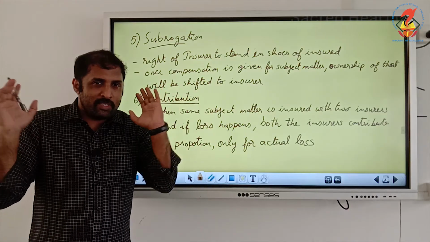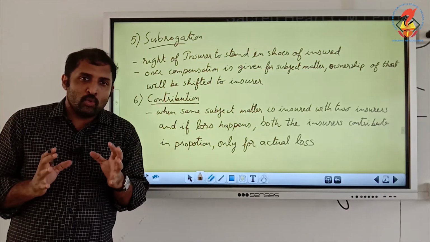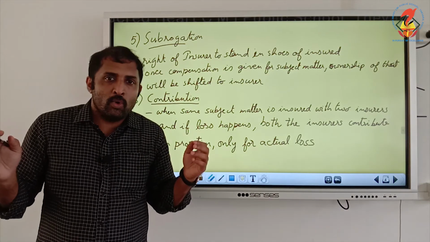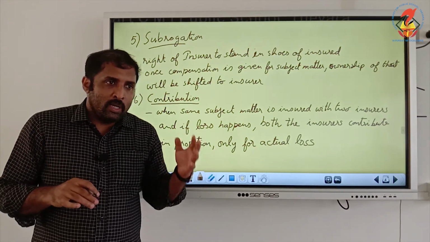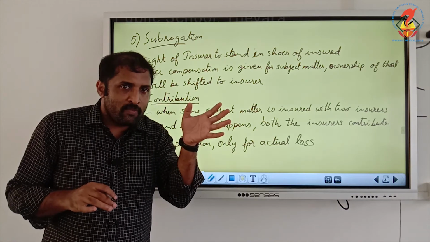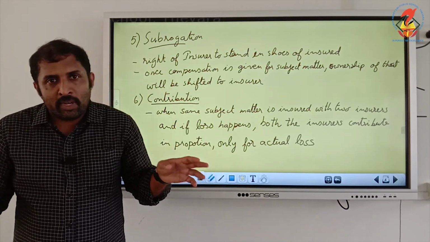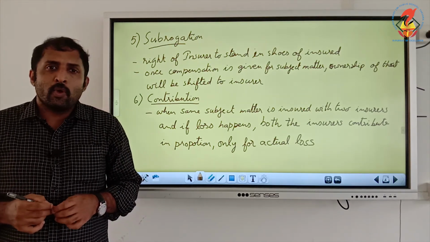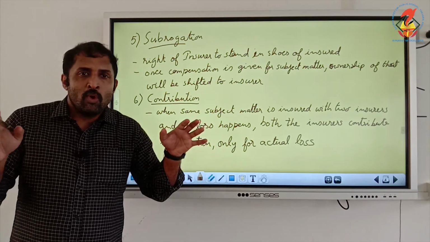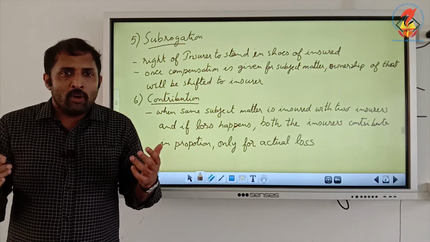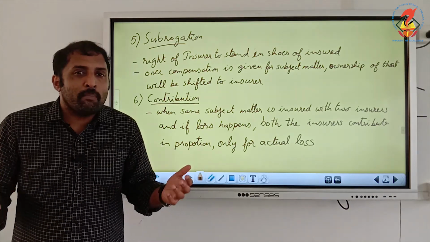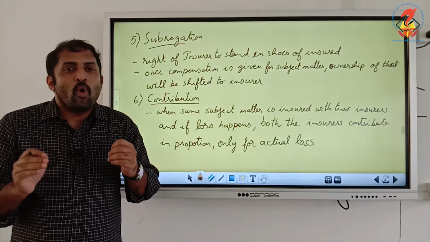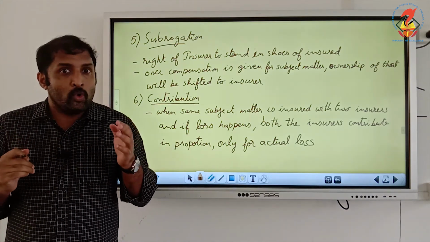It means when the same subject matter is insured with two different companies, say a subject matter is worth 1 crore. It is insured with one company for 75 lakh and another company for 75 lakh, and if a loss happens to that subject matter, you cannot expect both the companies together to give 1 crore 50 lakh for the subject matter. Both the companies will come together and contribute in proportion only for 1 crore.